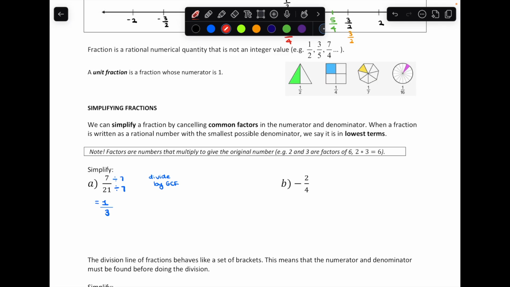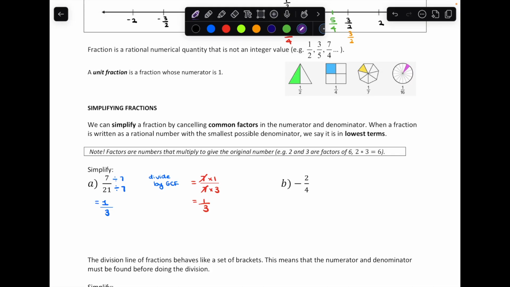Another way to look at this is if we have a number which is 7, we can multiply that by 1, and that same number, we can multiply by 3 to get to 7 over 21. And so we can cancel out the values of 7, which is equal to 1 over 3.